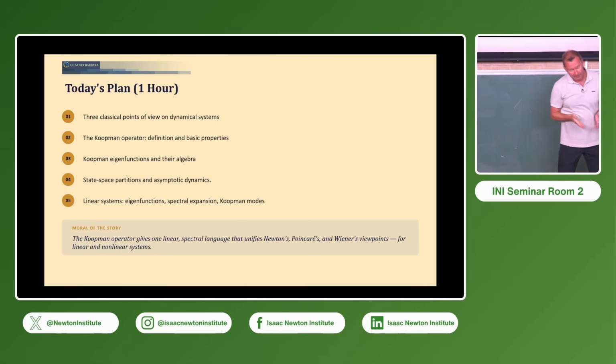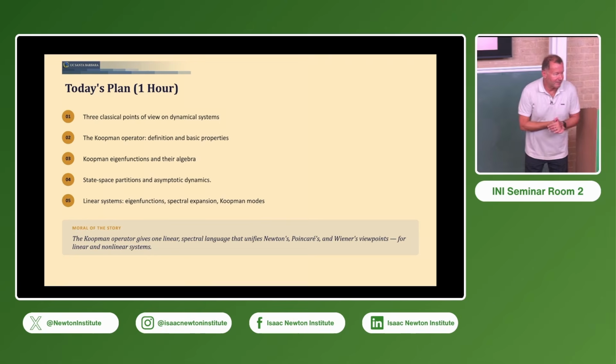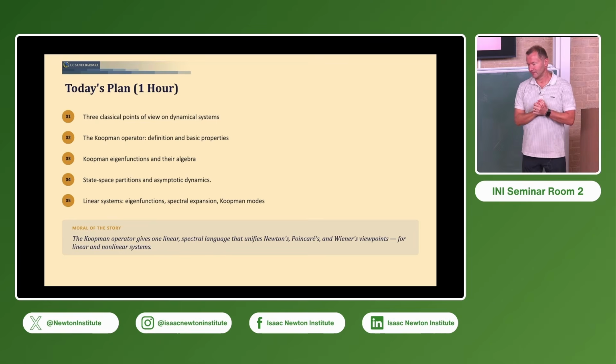Now, in my own program, I was always interested in the geometry of dynamical systems. When I was a grad student, Tony Leonard, who is here, was my co-advisor, and I think he was scratching his head a little bit when I said, oh, you can get some of the geometrical properties of this from this operator.